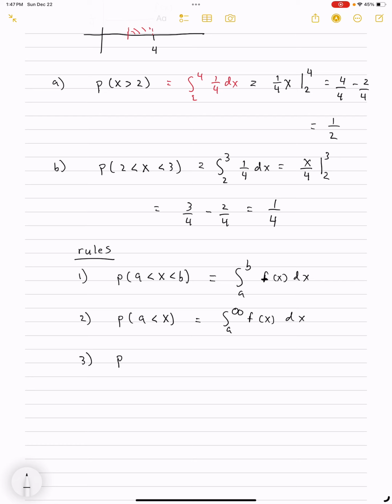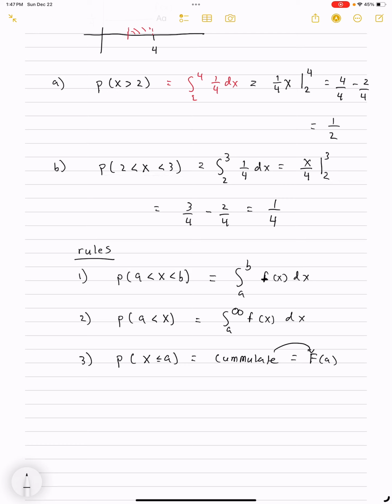And the last one is if you want to calculate the probability that x is less than or equal to a, this is actually called the cumulative, because you calculate all the probability up to a, and this is equal to F of a. This thing is called the cumulative.